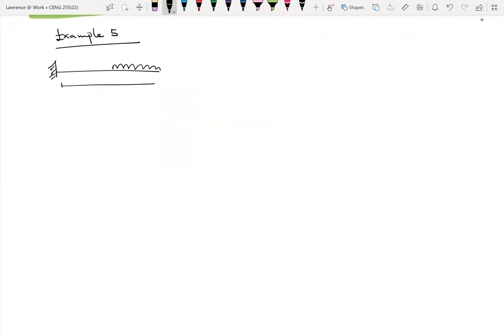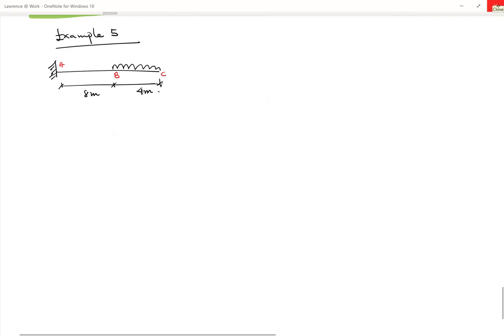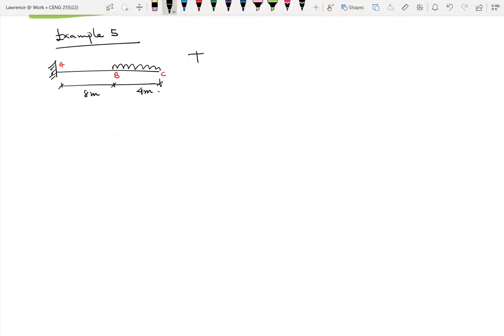These are the dimensions. This is 8 meters, this is 4 meters. It looks as though they are both the same size. A, B, and C. I'm to find the slope at C and then the displacement at B. So find theta C and then delta B.